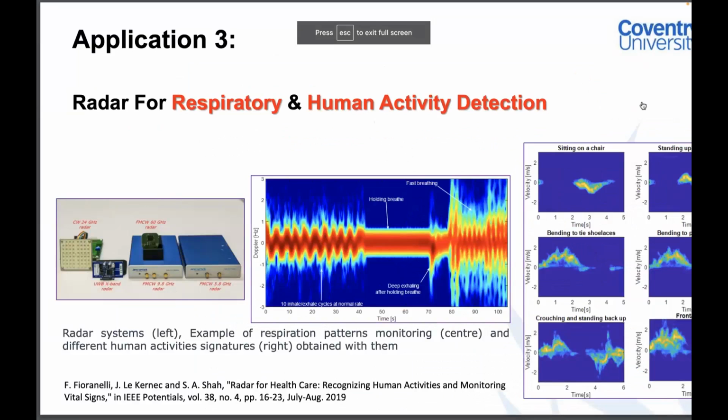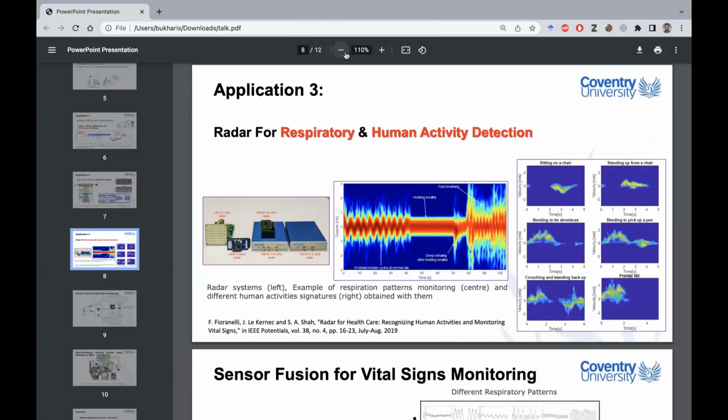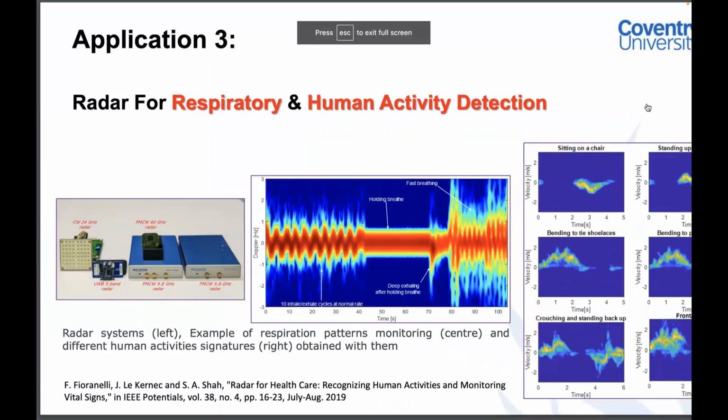So you can see the one on the bottom right side. These are different activities, and this is for the fall. So what we did, we asked a healthy volunteer to fall on the ground, and we wanted to pick up the fall activity, and also we wanted to test the machine learning classifier in tandem with the radar sensor.